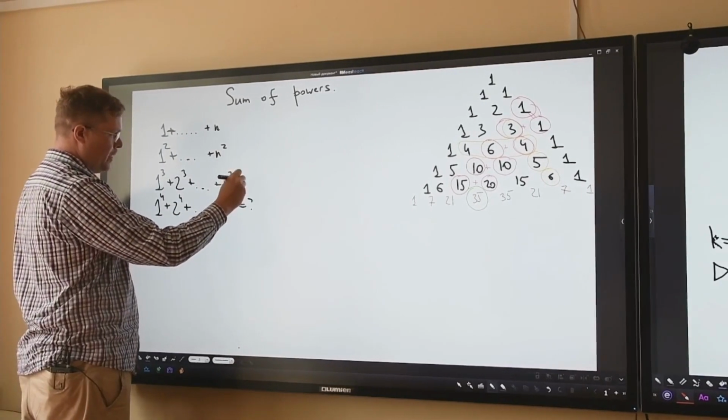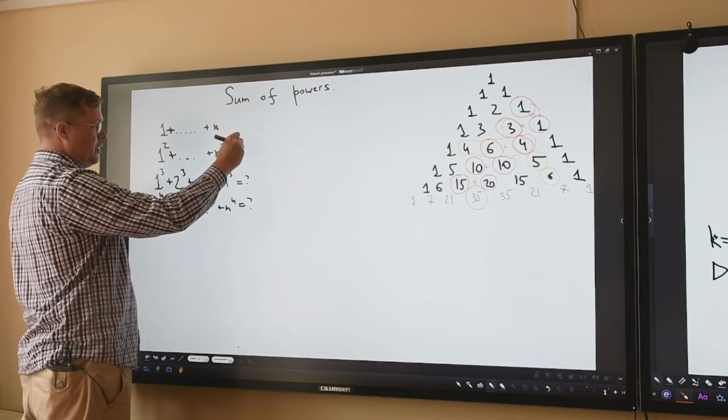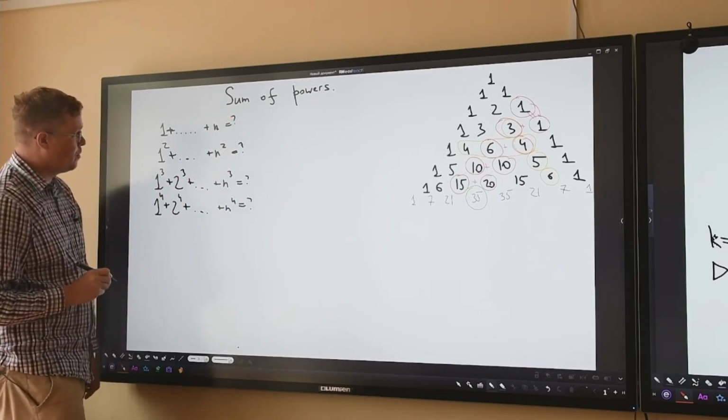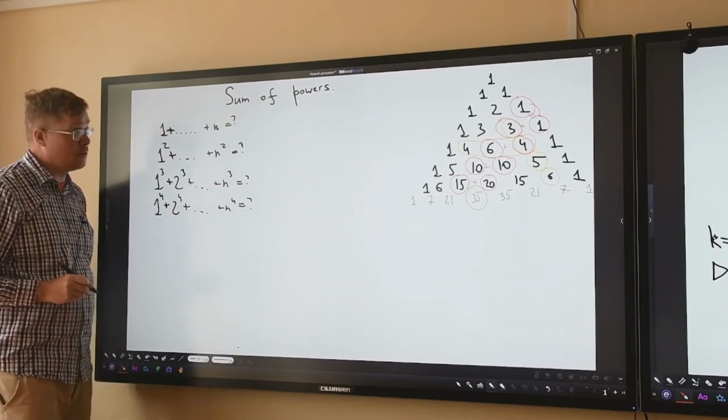I want to find the explicit formula for these sums.